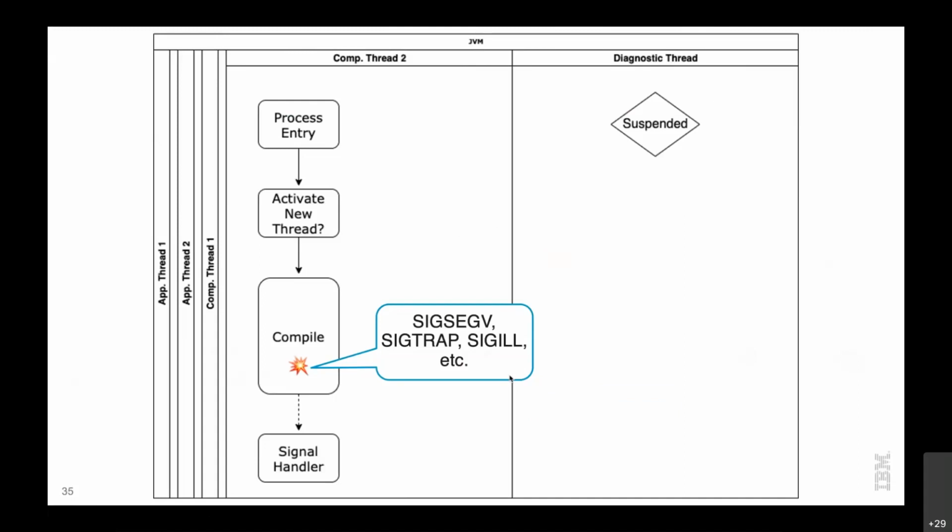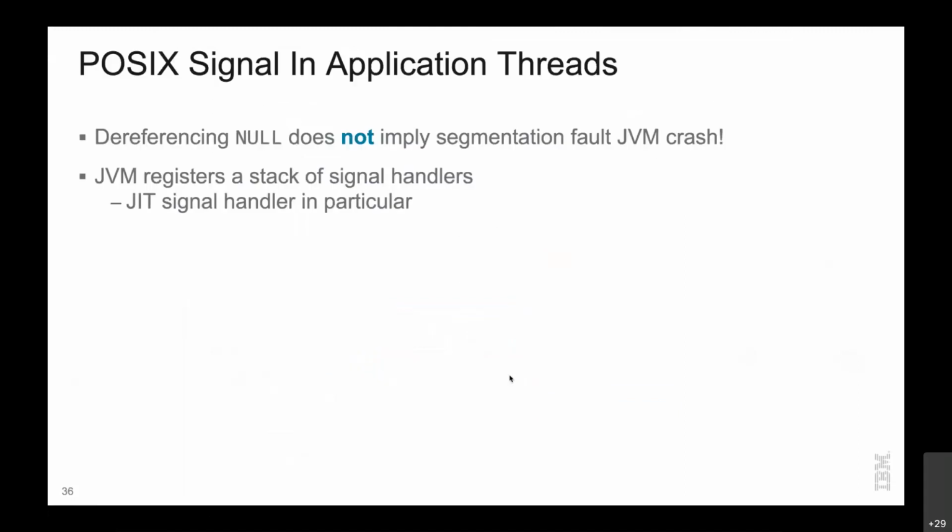For crashes on an application thread, something different happens. So let's take a moment to understand what happens when signals get raised in an application thread. A typical example of this is dereferencing null. And dereferencing null in Java does not necessarily imply that we're going to get a segmentation fault within the JVM.